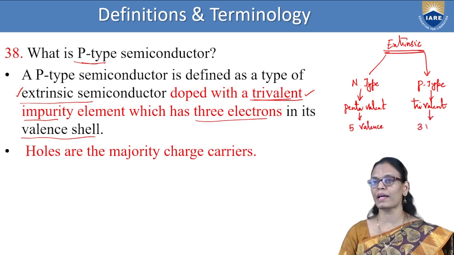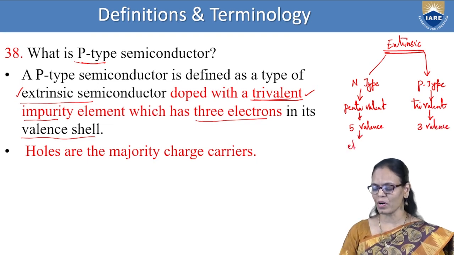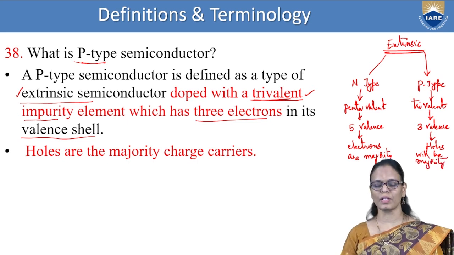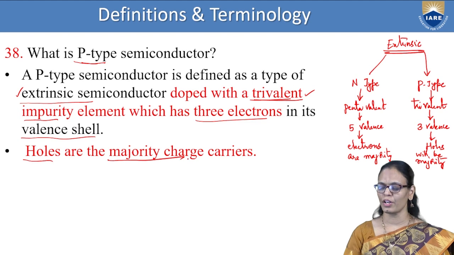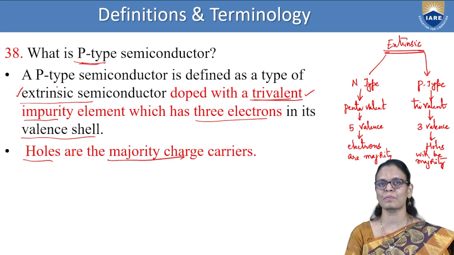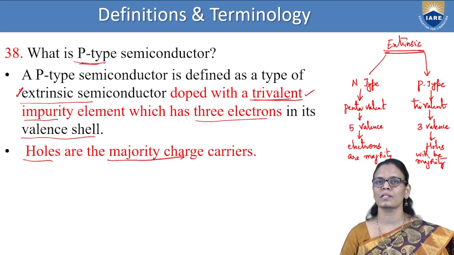Trivalent means 3 valence electrons. And here in this case, electrons are majority carriers. And here, holes will be the majority carriers. So these are the things we have to understand. If you understand these points, you can define a P-type semiconductor, N-type semiconductor, what is extrinsic, what is intrinsic.